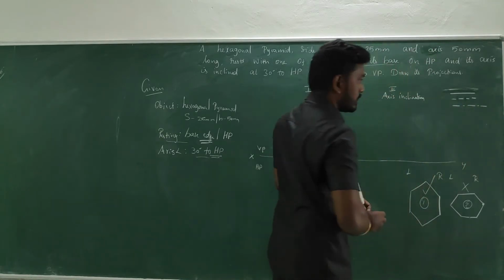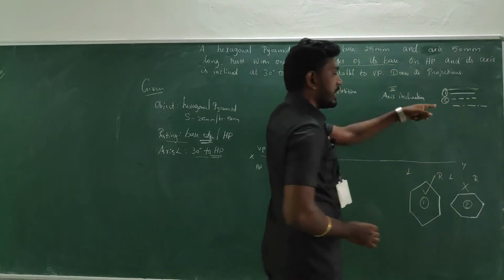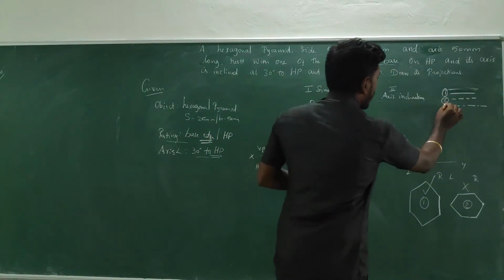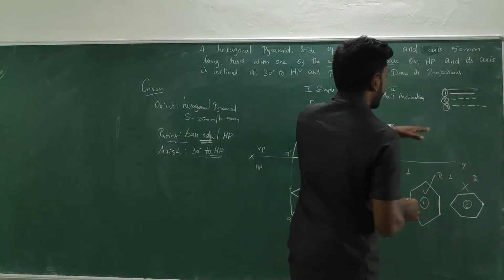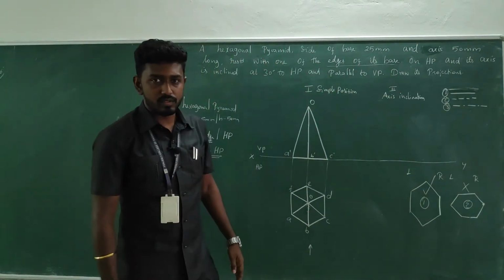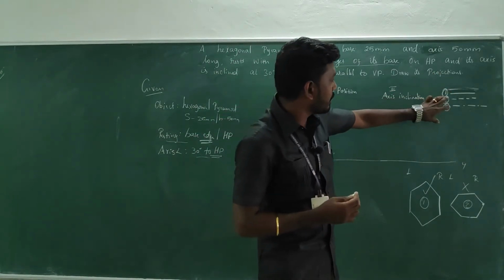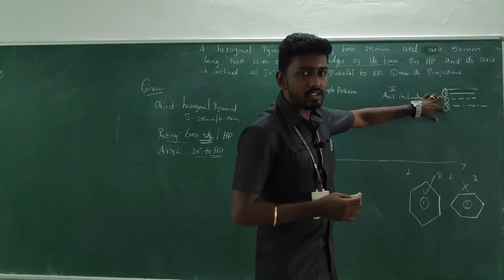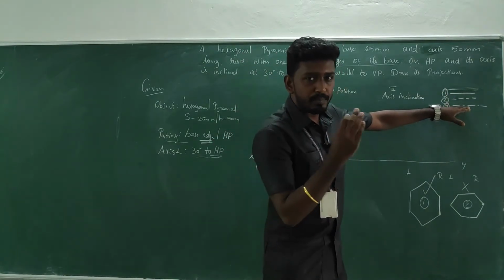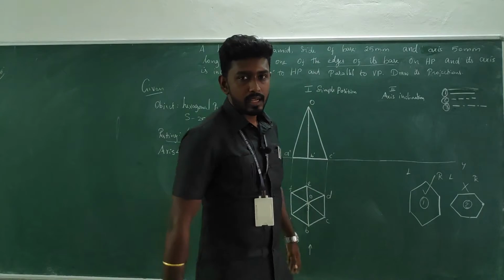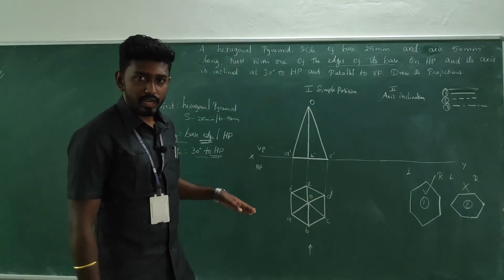The preference goes like this: dark line is the first preference, dashed line is the second preference, and the chain line is the third preference. If you have a visible edge, you have to make a dark line. If you have both chain line and dashed line, you have to give preference to the dashed line. If it is simply alone, we can make the chain line. So here I have made it a dark line.